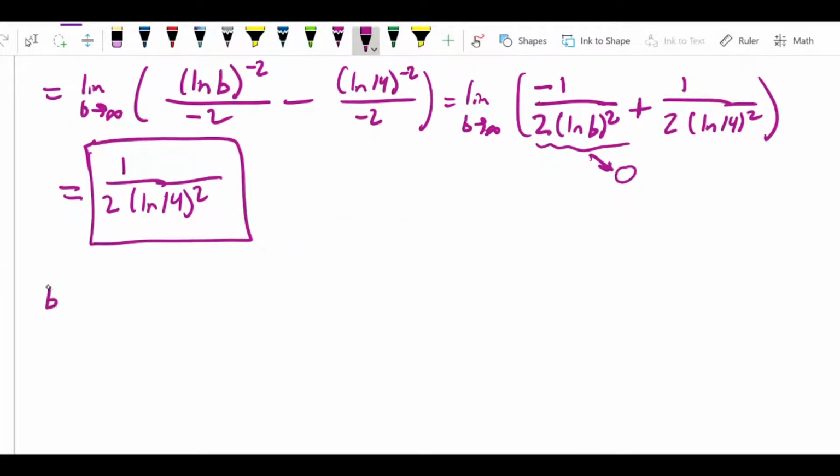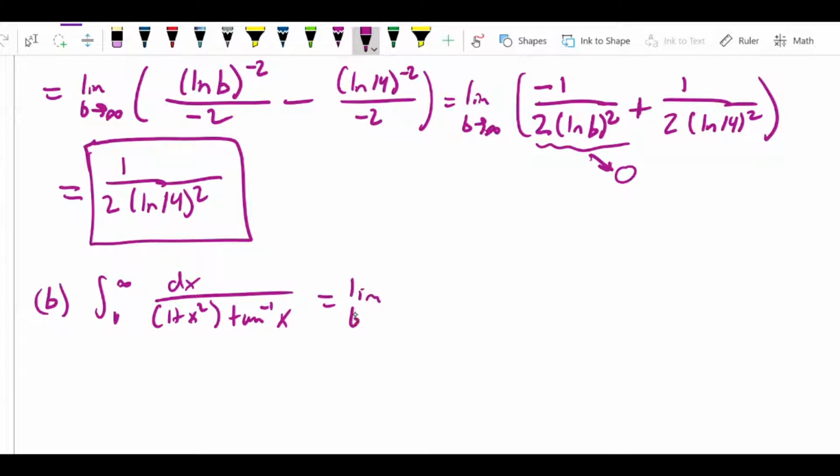Now part B. The integral from 1 to infinity of dx over 1 plus x squared times arctan x. The thing to recognize here is this is also a really nice u substitution problem. First, let's set up the limit. This is the limit as b approaches infinity of the integral from 1 to b of dx over 1 plus x squared arctan x.